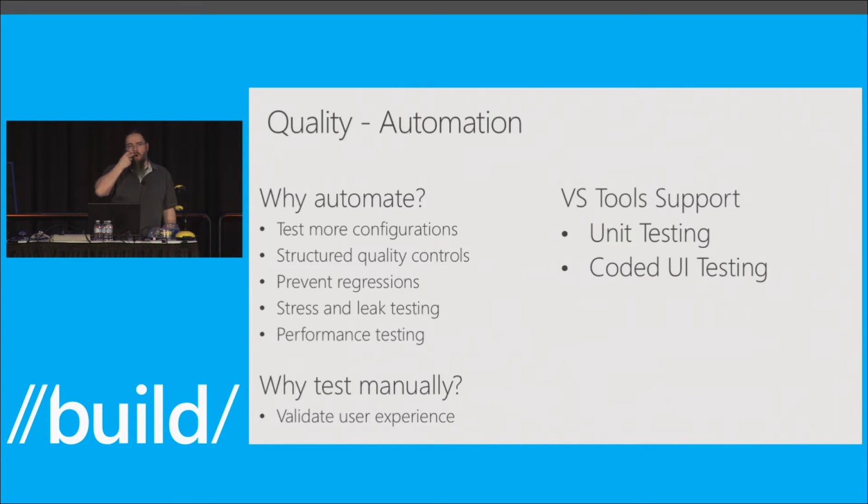Also, you can reuse these investments in functional testing for some of your stress testing, performance testing, and leak testing. Sometimes it's as easy as just running your functional tests in a big loop over and over again, and it will find you a whole ton of new bugs around stability or memory usage.